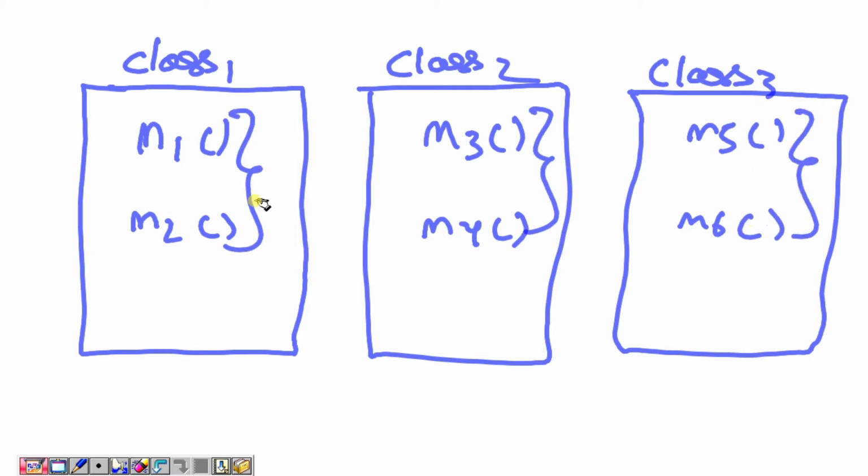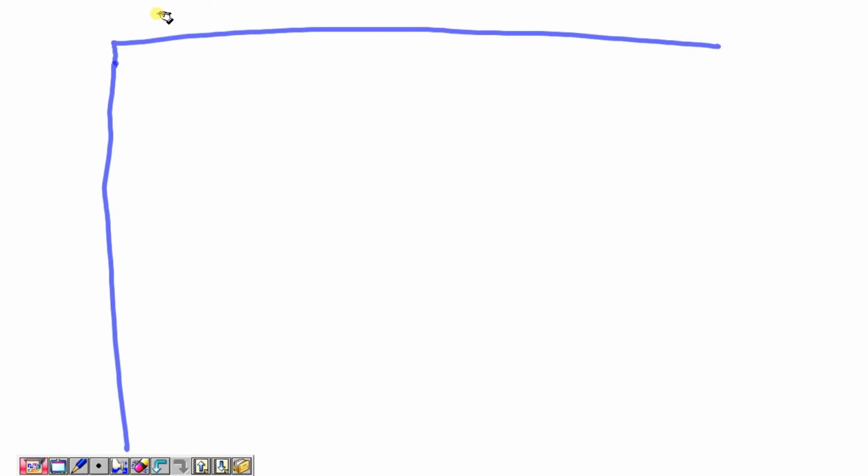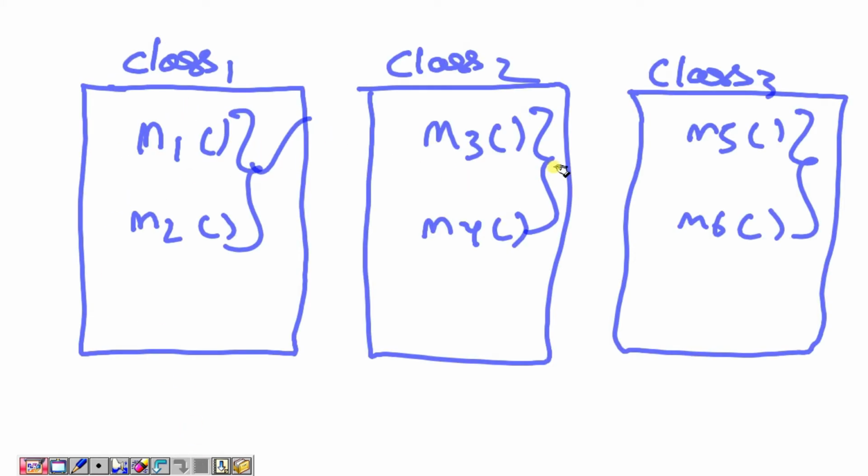Now I want to access all these classes' non-static methods in some other class that we are calling class 4. In class 4 I want to access the non-static methods M1 and M2. For this we need to create a reference of class 1. How can we create the reference?